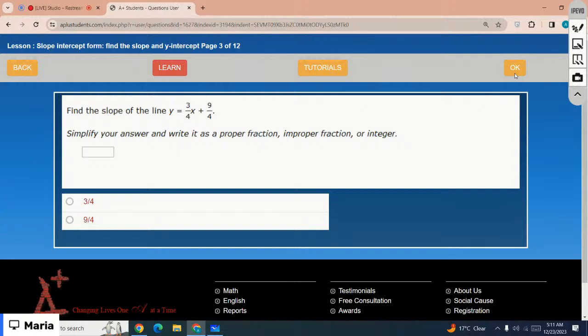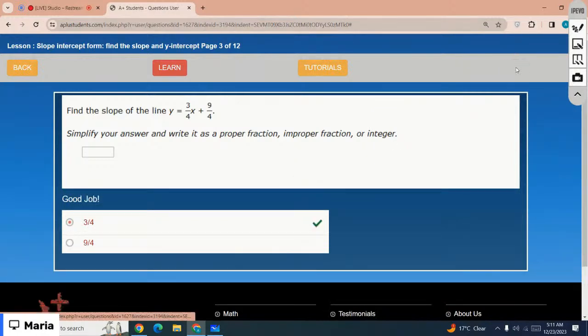The slope is, yes, that is 3 over 4. The correct option is 3 over 4. That is the slope of the line.